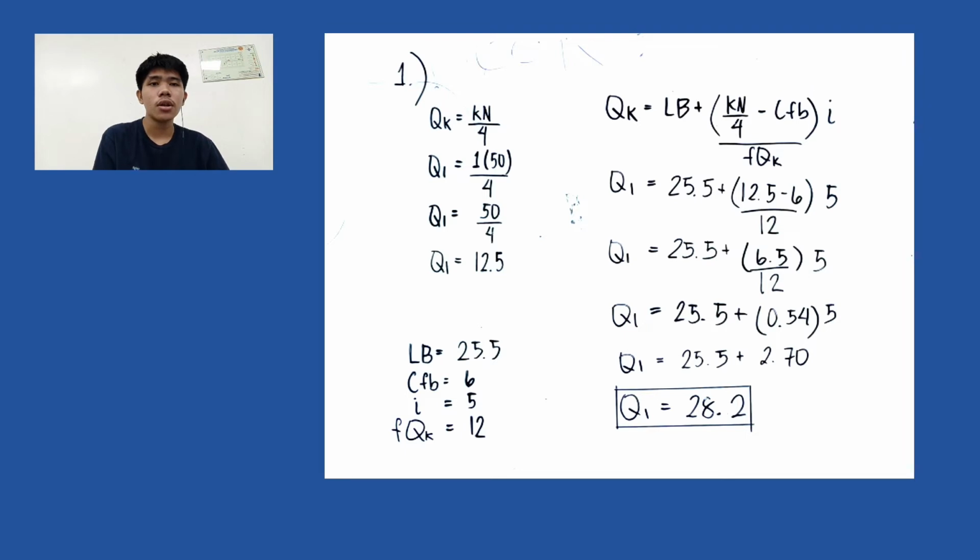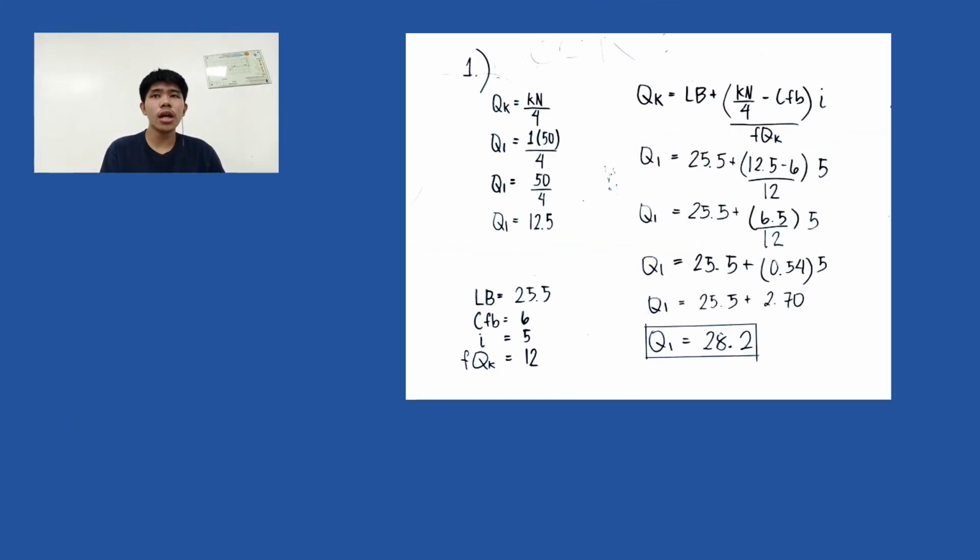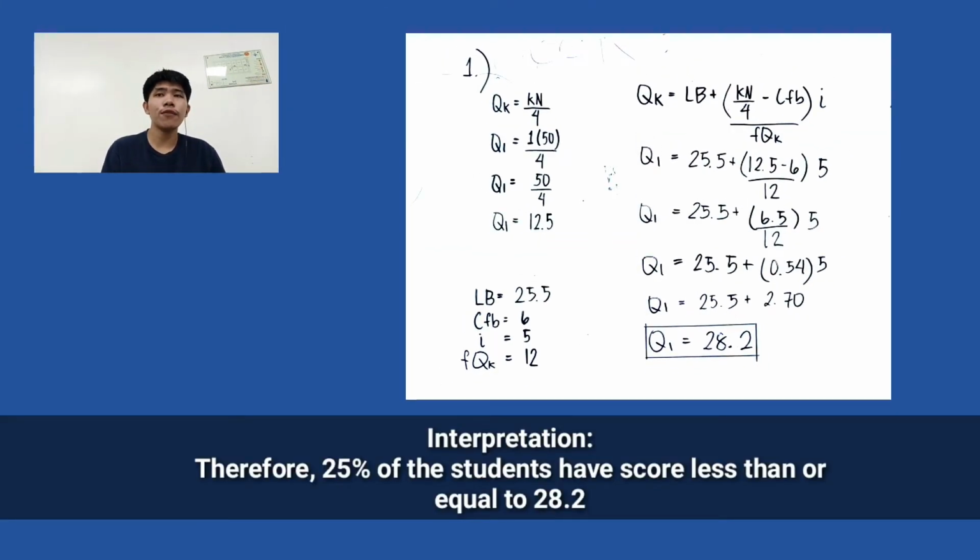Adding both numbers will give us the result of our Q sub 1. Now, our Q sub 1 is equal to 28.2. Now to interpret our data, therefore 25% of the students have scored less than or equal to 28.2.